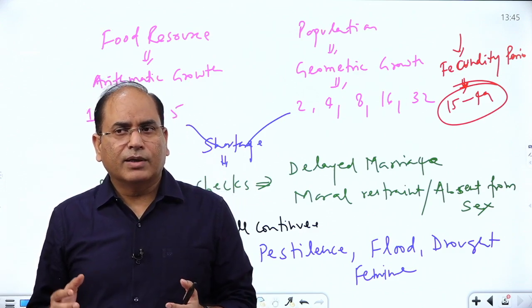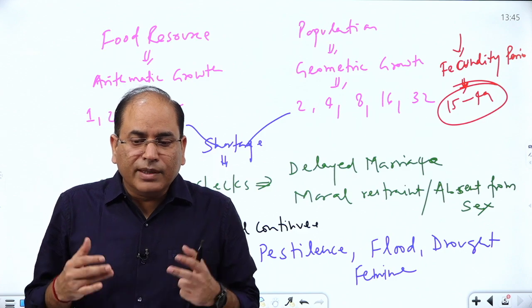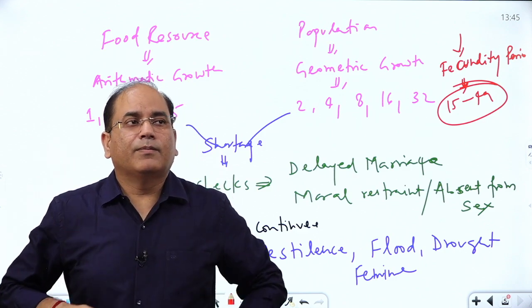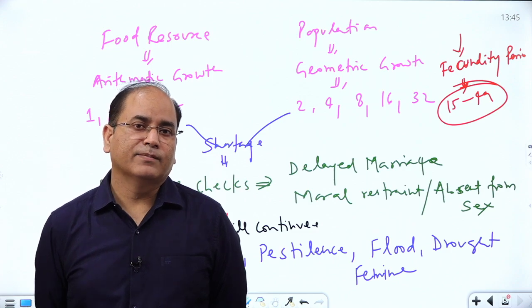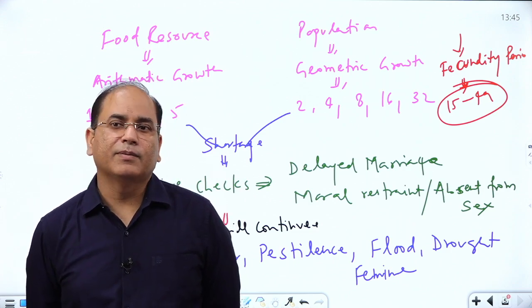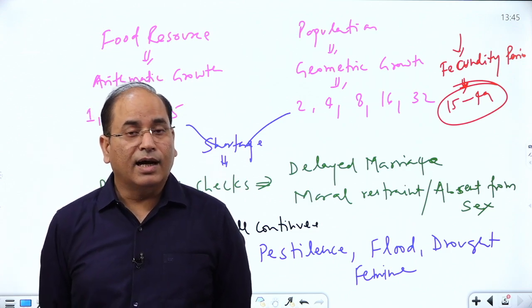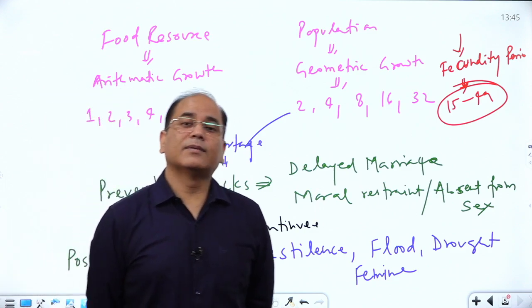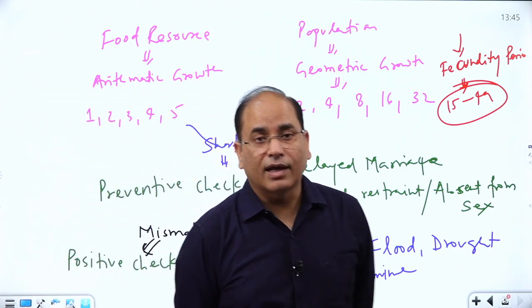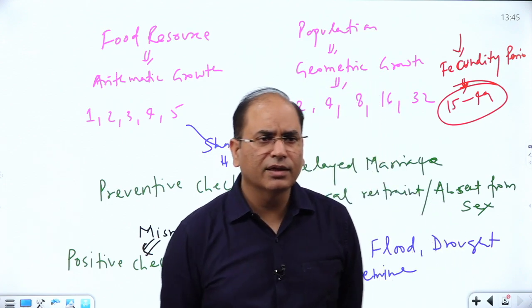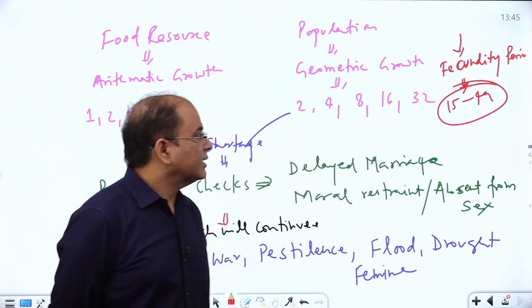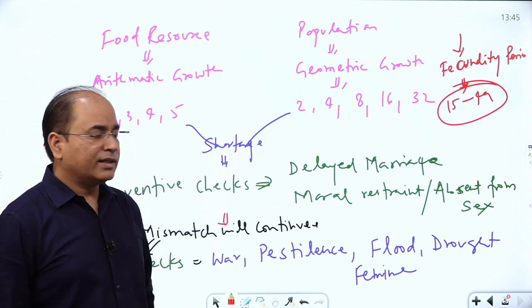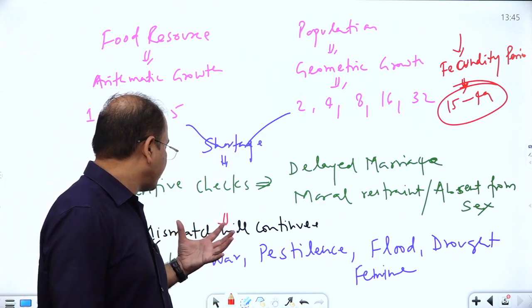But the preventive checks, in the short run, will immediately start giving results. When the results start coming, people will become lazy or careless, and as they do, the population will again start growing rapidly, in geometrical progression. Over a period of time this gap will again become unviable, and there come the positive checks.